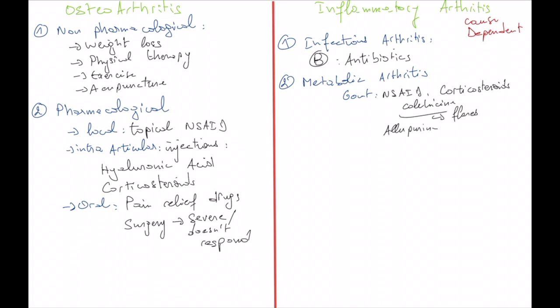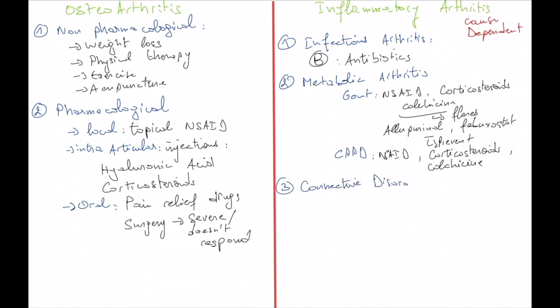For prevention, we can have either allopurinol or febuxostat. Now, for CPPD, we also treat flares with non-steroidal anti-inflammatory drugs, corticosteroids or colchicine. For connective tissue diseases, we can have corticosteroids with immunosuppressants or biotherapy.